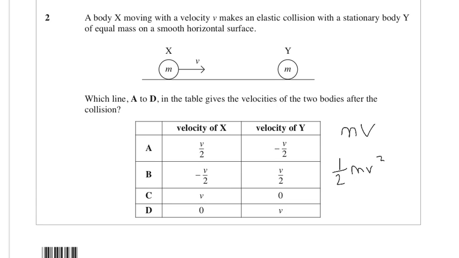So if we look at line number 1, if you add the two momenta, you'd have mv over 2 minus that one, so it gives you a total momentum of 0. It would be the same with this one. And in this first one, the total kinetic energy is half mv squared.